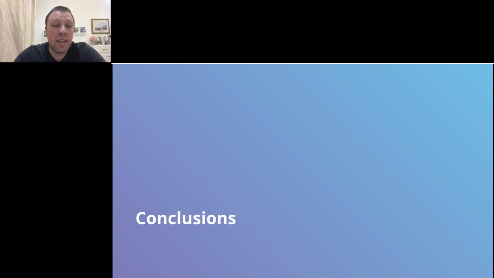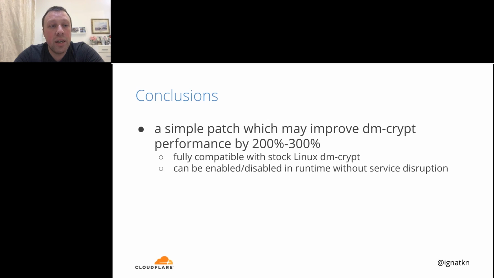So that's basically it. What we learned here is that Cloudflare introduced a simple patch which may improve Linux disk encryption performance by around 200 and sometimes 300%. Moreover, it's fully compatible with stock Linux dm-crypt, so we didn't introduce any new fancy crypto, any new fancy formats.